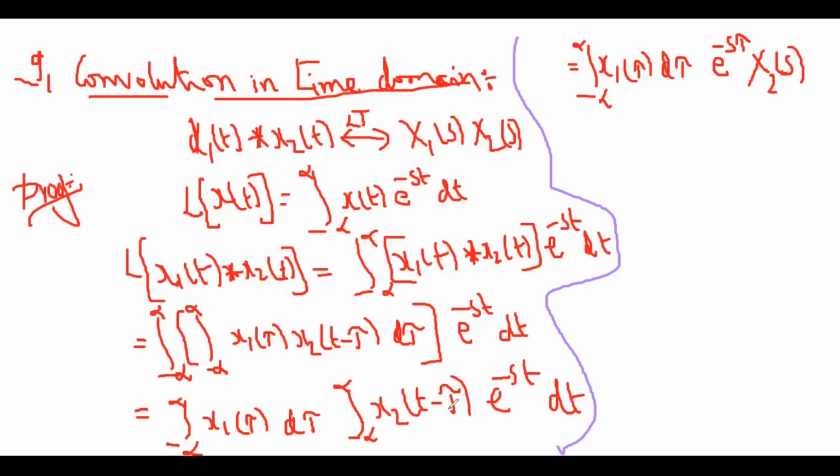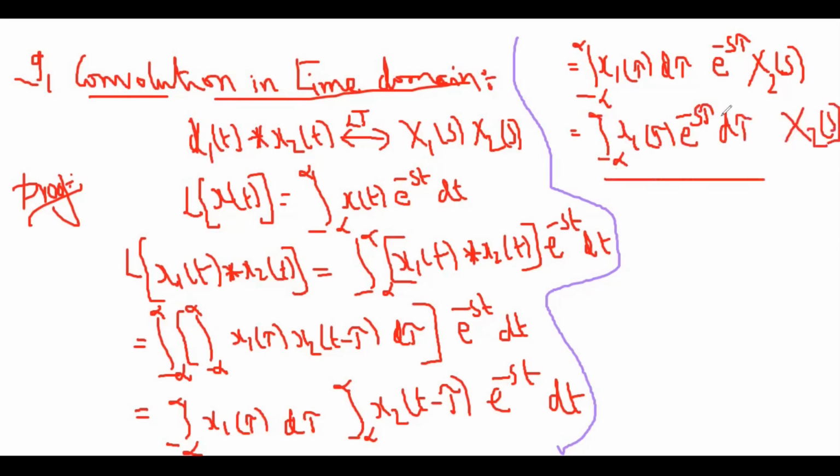Or otherwise, you can substitute t minus tau equal to p, dt equal to dp, and use the value of t directly. You get e power minus s tau into x2 of s only. Again, you can see the integral from minus infinity to infinity of x1 of tau e power minus s tau d tau into x2 of s.